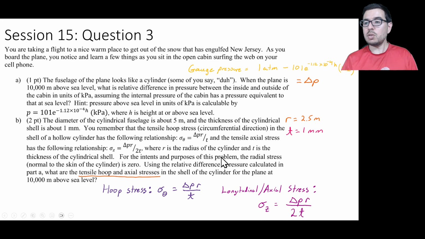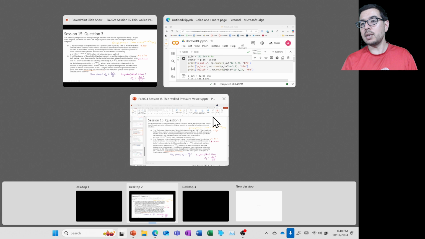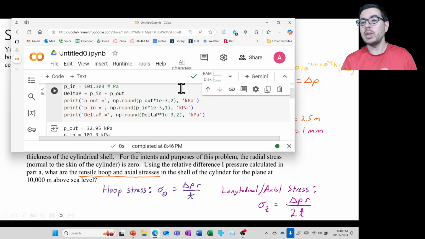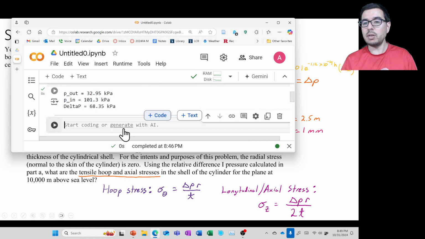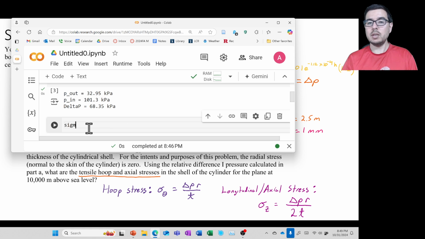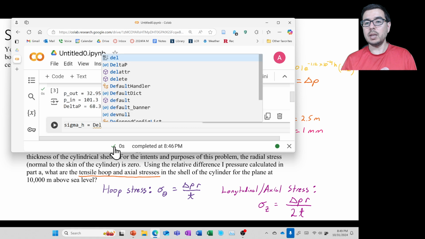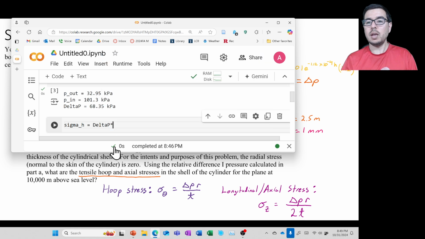Now let's plug in that delta P that we calculated prior. We'll add some more code down here, another cell. We have the hoop stress, so we'll call it sigma H, equal to delta P times R divided by T. This will give us units of pascals.